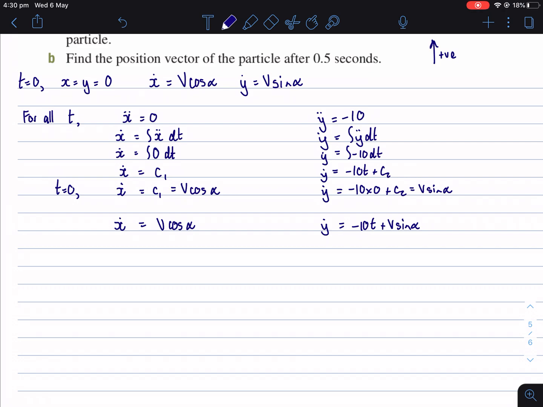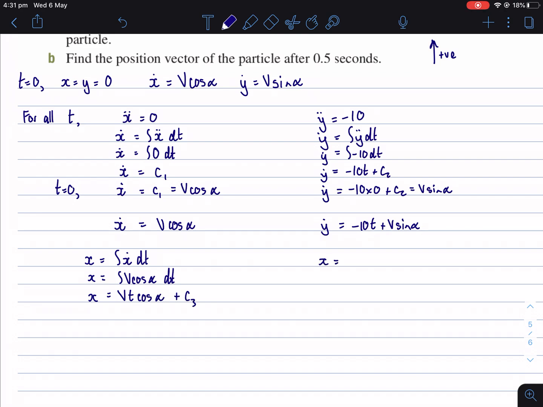So we're going to have to integrate those to find displacement vectors. So we're going to have vt cos alpha plus c3.